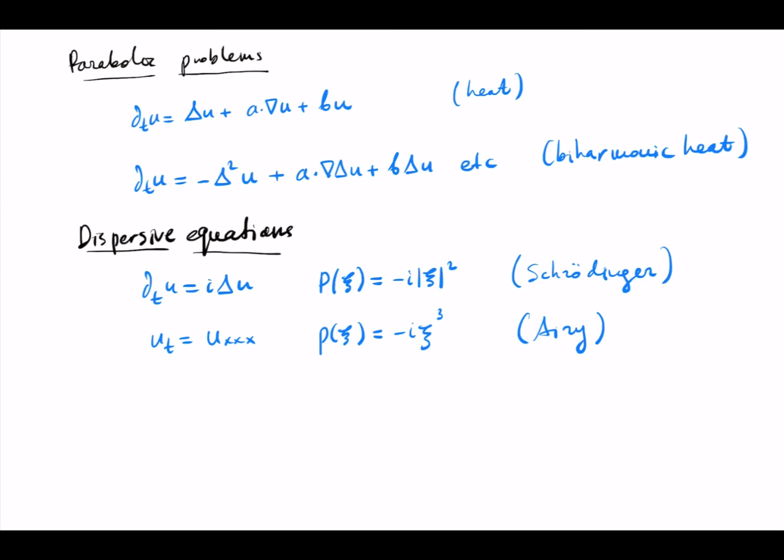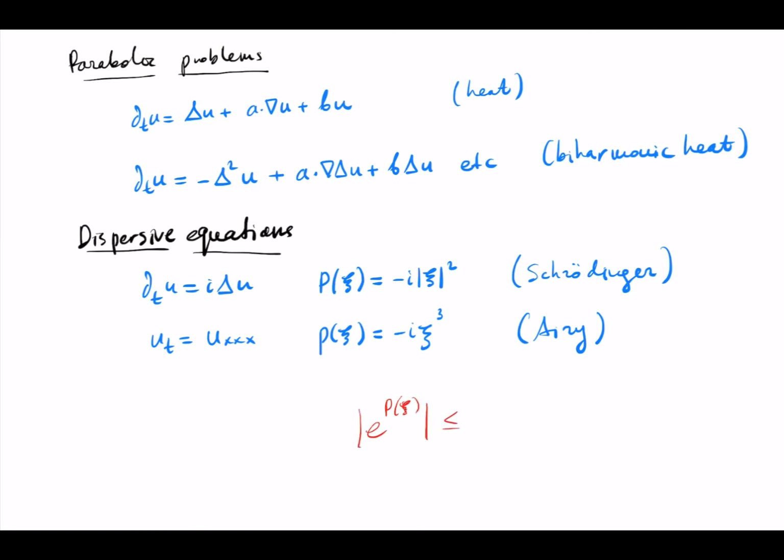And then we want to look at one class of examples which are actually not covered by the theorem, dispersive equations. So let's look at these examples. The first one is the Schrodinger equation. Here we have the principal symbol of the right hand side, minus i xi squared, and you can see that this is purely imaginary, so the matrix norm will be uniformly bounded.